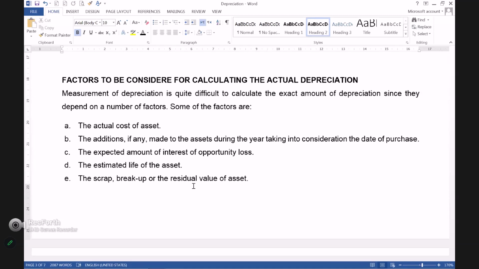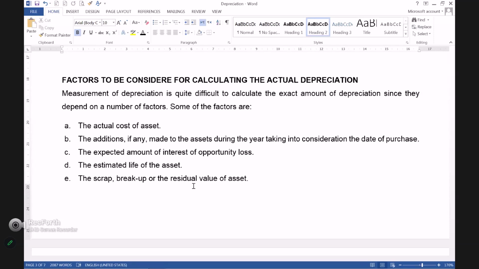Sometimes a particular machinery is purchased in 2020, and in 2022 you have to add some parts fixed to the machinery.